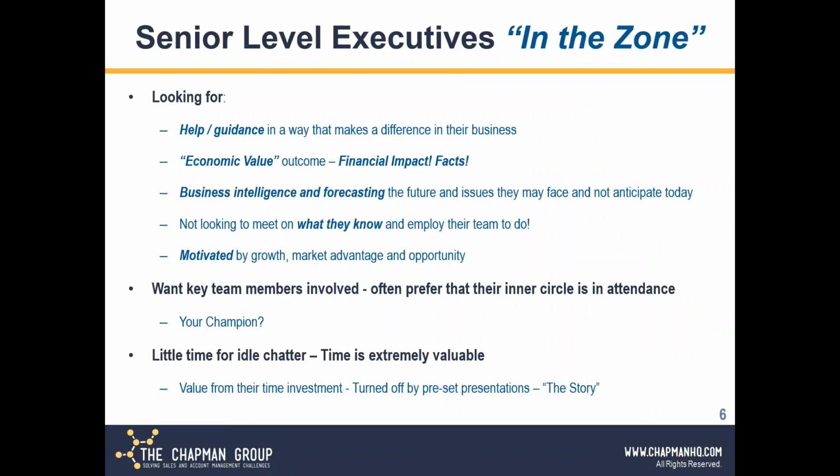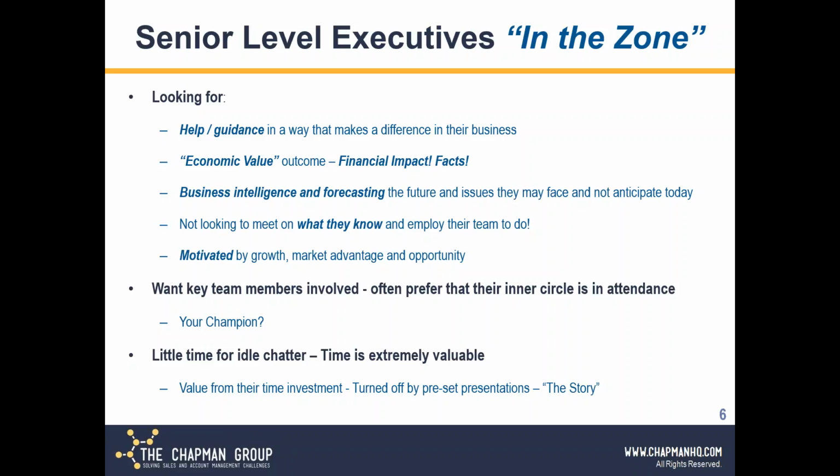So senior level executives today in the zone, what are they looking for? Now, how do I know this? Well, we do an awful lot of voice of customer feedback work in relationship management, and these are some of the data points that we've parsed out from some of the senior leadership of those customers who provided feedback. They really want help and guidance. They really want economic impact or value from their suppliers.